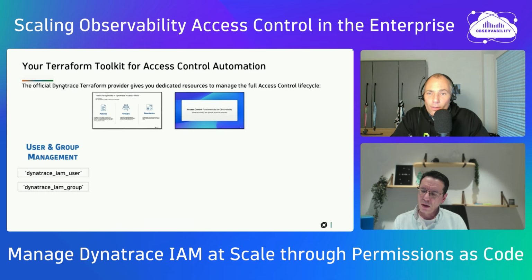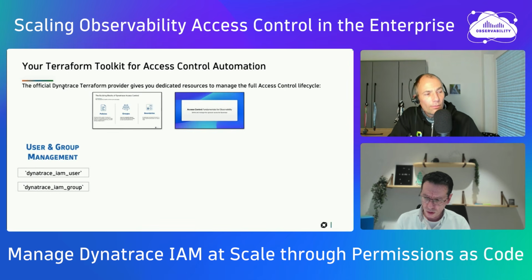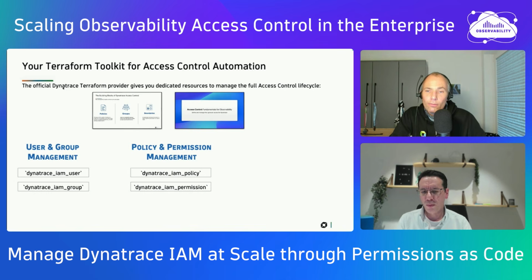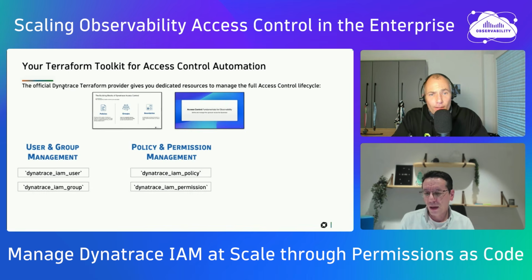So back to this topic here. The Terraform provider implements the users and the groups in those resources. It does implement the policies and permissions. Remember, as you talked about in the first session, policies are primarily meant to target the latest Dynatrace, even though it's possible within the policies to define roles, role permissions. And then there is also the Dynatrace IAM permissions, which is your classic role-based access control.